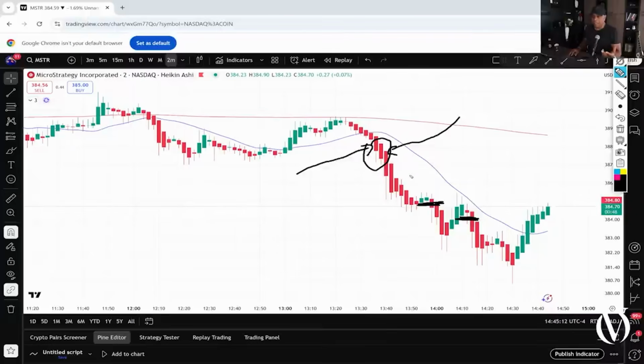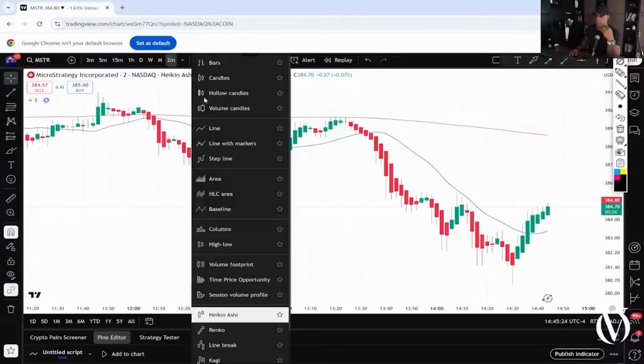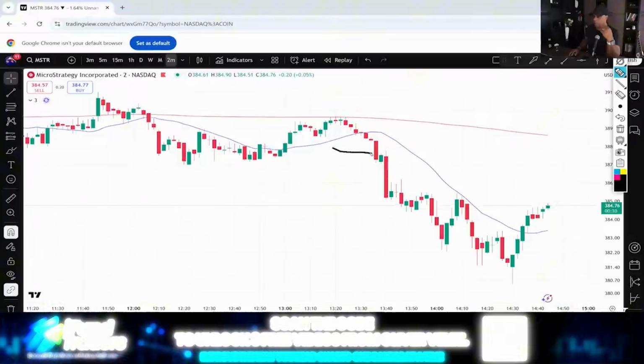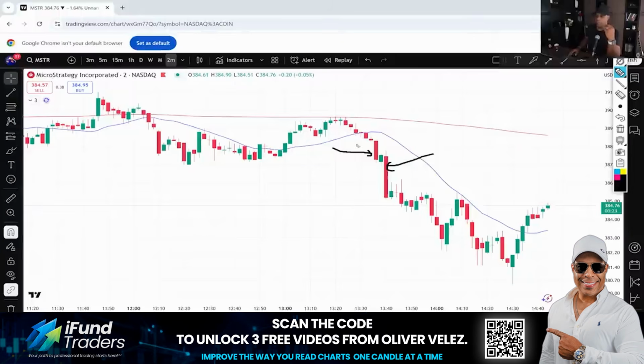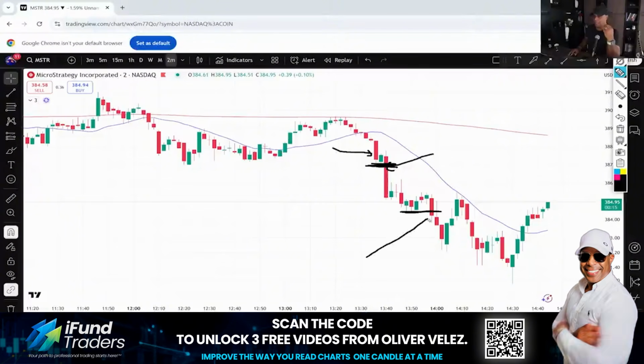When in fact, if I went by classical standards, I would have made a lot more money. I would have made a lot more money doing this. Let me change it back. I'll show you. I would have entered this bar, boom. I would have entered that color change, boom. And where you see the next entry point, my entry point is here on classical, but my entry point on Heikin is here.